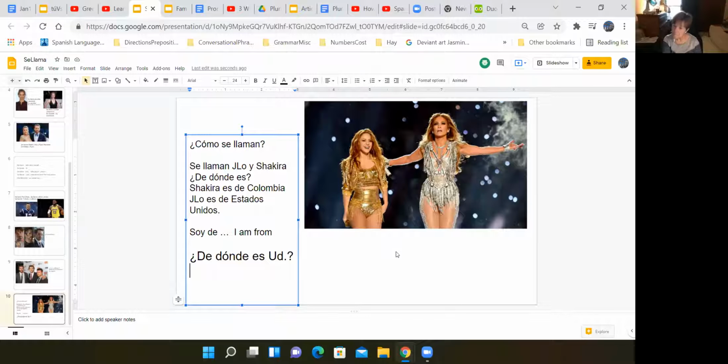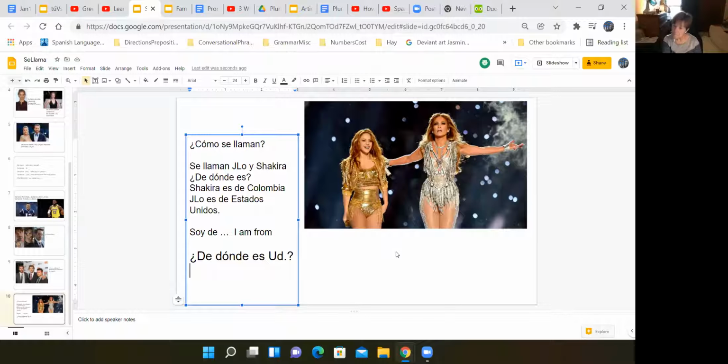Shakira y Gerard no son pobres. They are not poor. If I want to make this word into poor, they're not rich, I put a no in front of it. We say they are not.